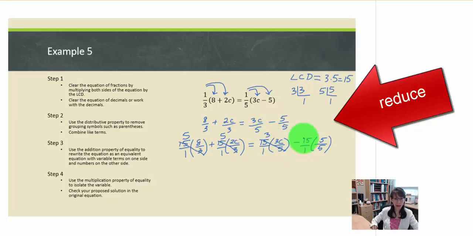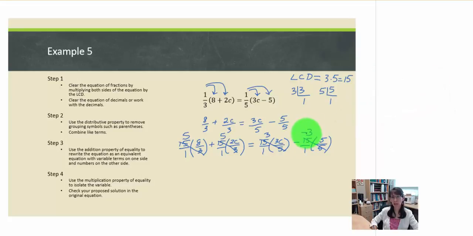And again, 15/5. It is really negative 15/5, which gives us negative 3. So you might find it helpful to include the negative with the 3 so you don't forget to use the negative. And that is a very common mistake.